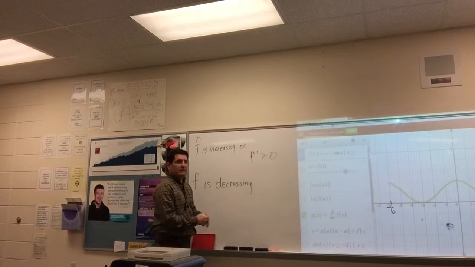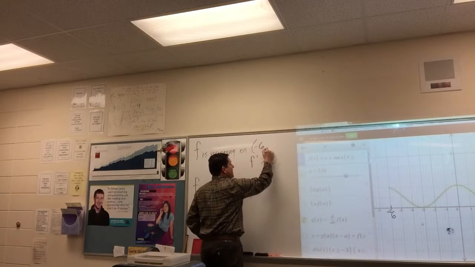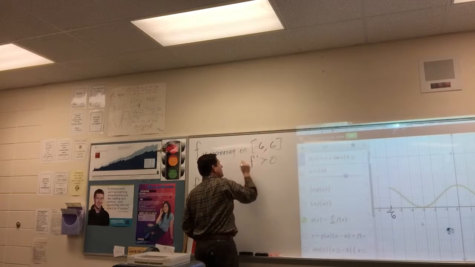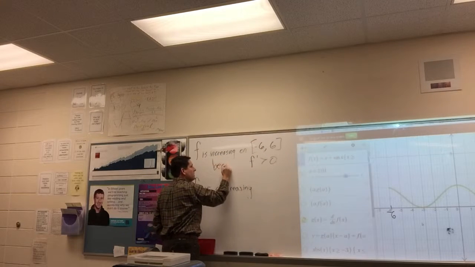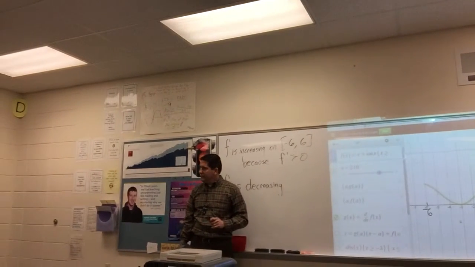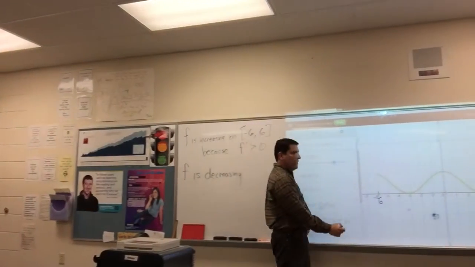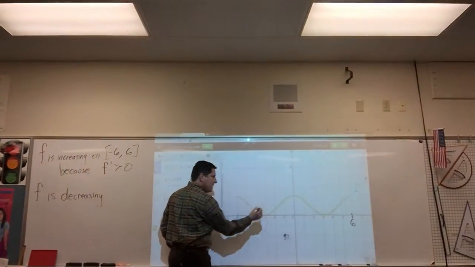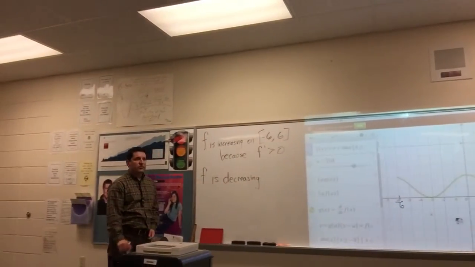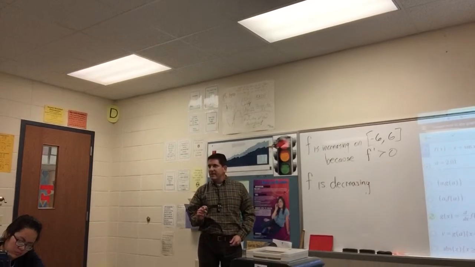F is increasing on the interval from -6 to +6 because f prime is greater than 0. Now, there are moments where f prime is actually equal to 0, but we can say that the function is constantly increasing on that interval.